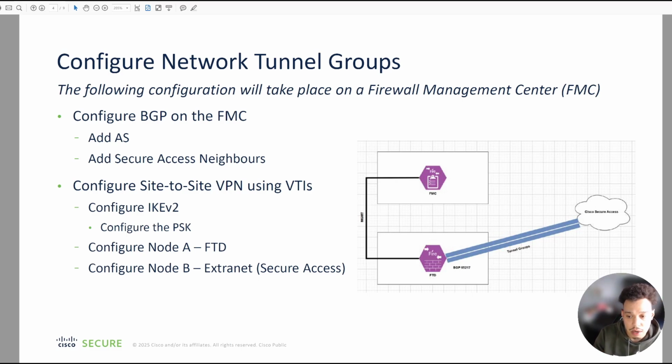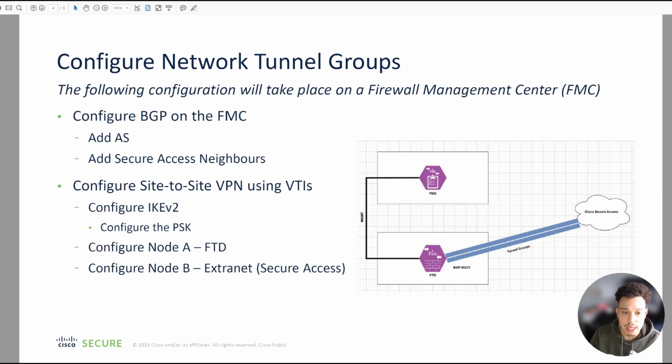So we're going to do all the configuration on the management center, which is then going to push the configuration to our FTD that we want to connect to Cisco Secure Access in this case. Now, you will see in the demonstration there is a number of different devices that we can connect to secure access. In this demonstration, we're specifically using the Firepower devices.